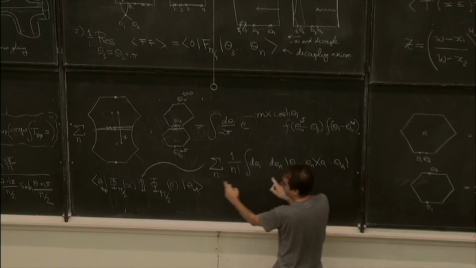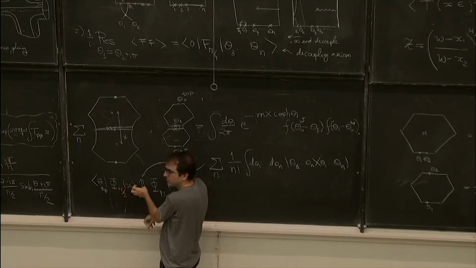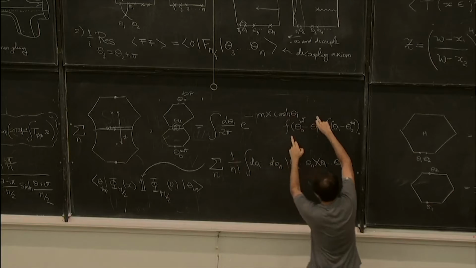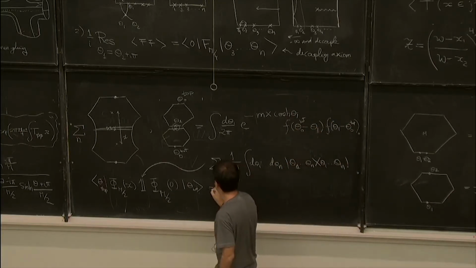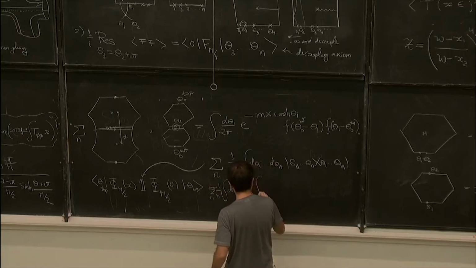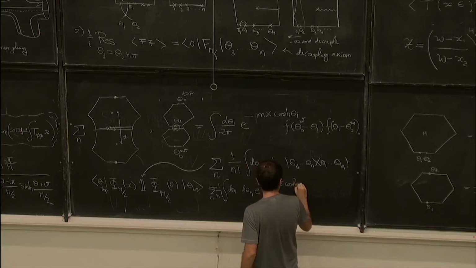The second one almost gives me the form factor, but there is an x dependence. But I just translate, and that picks this factor here. And after I translate it, it's just again a form factor. Okay? And that's how this result becomes just an integral d theta 1 up to d theta n, 1 over n factorial, sum over n, and then an exponential of minus mx, the total energy, which would be a sum of cosh of theta j.